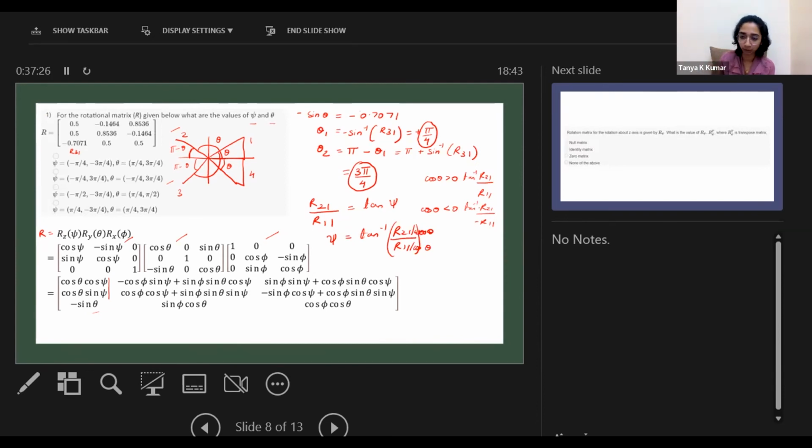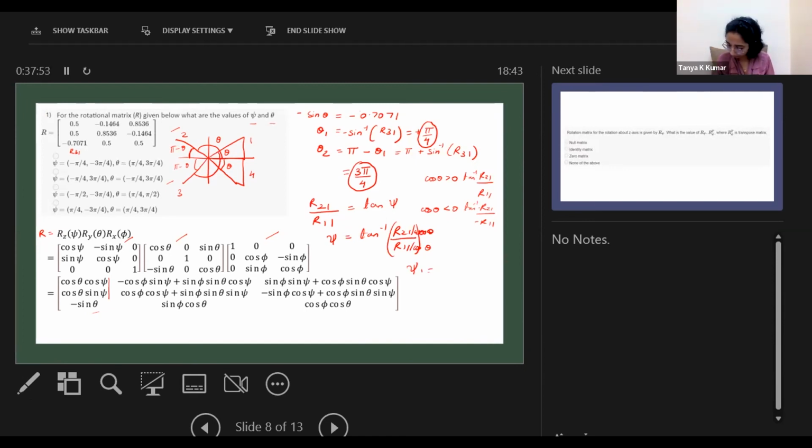And now you have two values of theta. You have theta 1 and theta 2. So how do you find out? You put each value, theta 1 and theta 2, and you will get two values of xi. So xi 1, just compute it quickly. It's R21 by R11 divided by cos theta. Cos theta you already know. R21 is 0.5 and R11 is also 0.5, which makes it convenient.